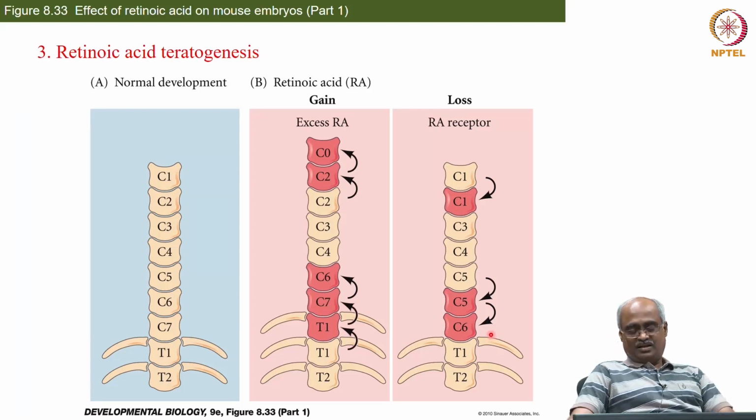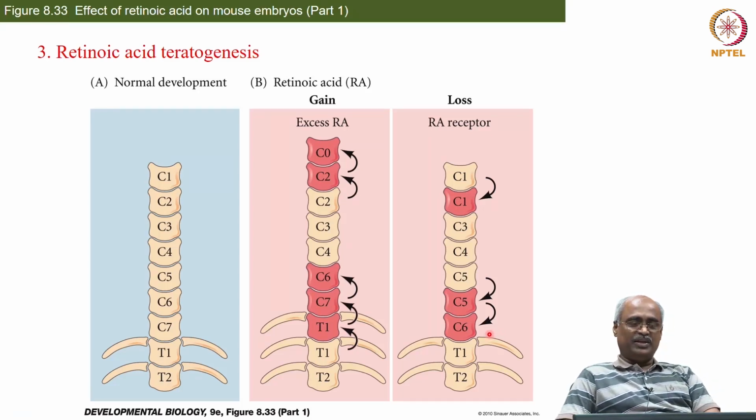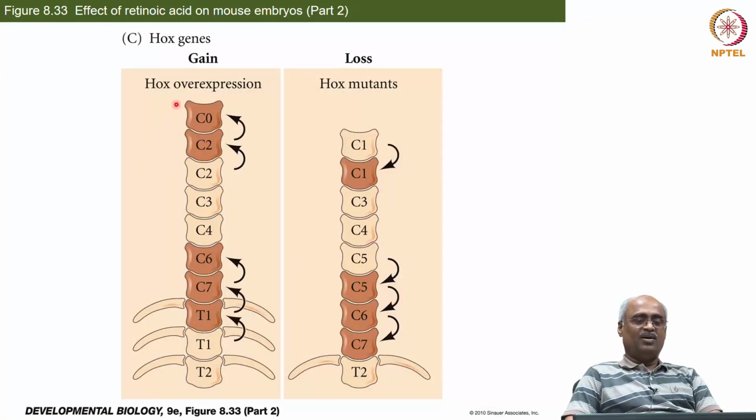And this is also seen when you mess up the Hox gene expression. So here Hox gene overexpression shifts anteriorly and Hox gene mutations shift posteriorly, because I told you the posterior Hox genes try to suppress the expression of the adjacent anterior Hox genes.